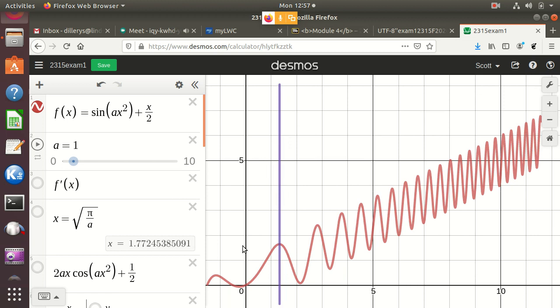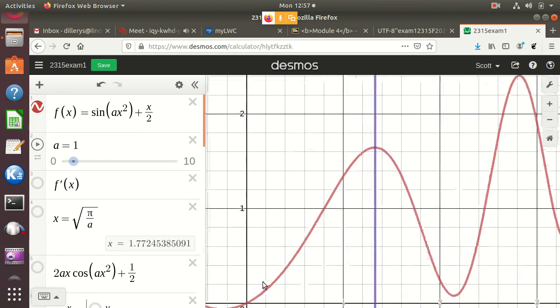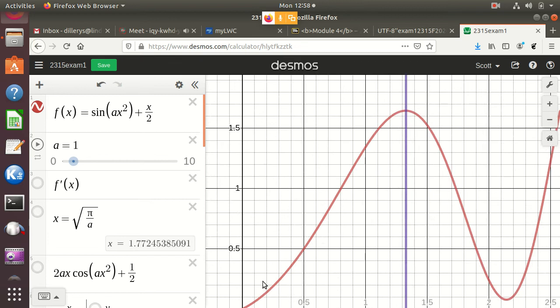And notice right there, whoops, other way. You know, my blue line does a really good job of going through the maximum. But that's not too surprising.